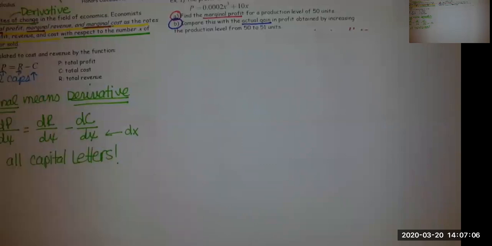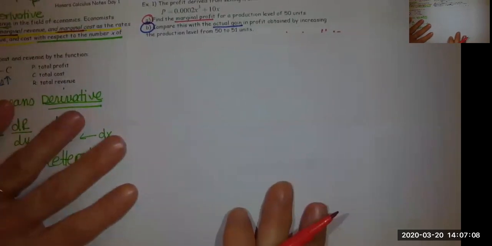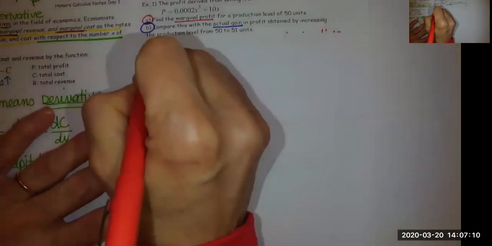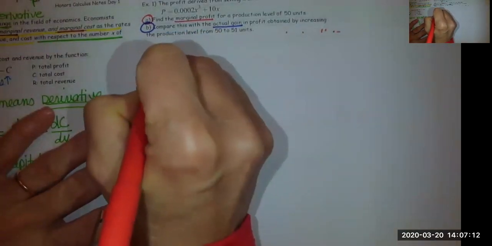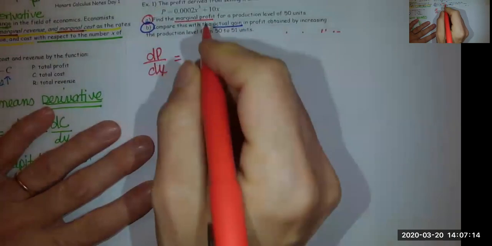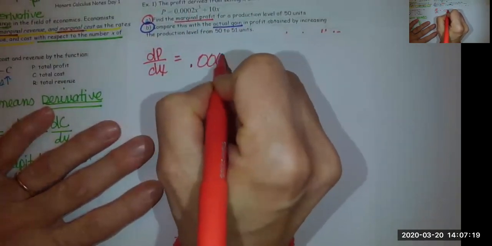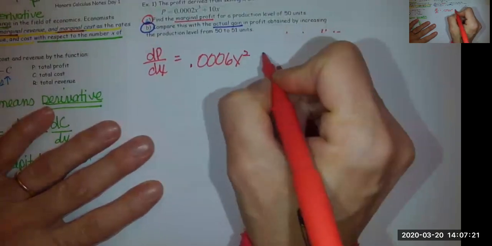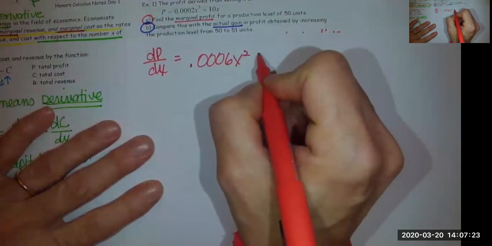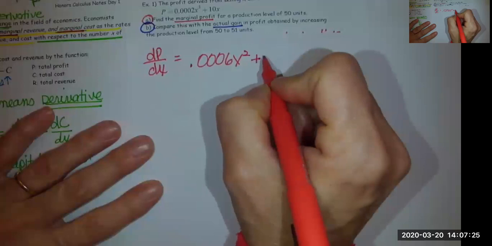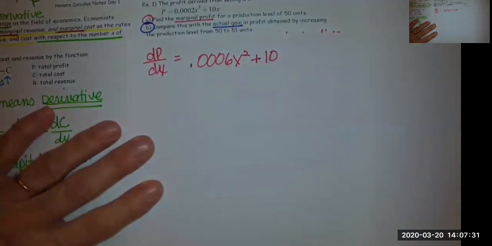So you have two choices here, y'all. You can find dP/dx, and that's just the derivative, so that's 3 times 0.0002, which is 0.0006x squared plus 10, right?